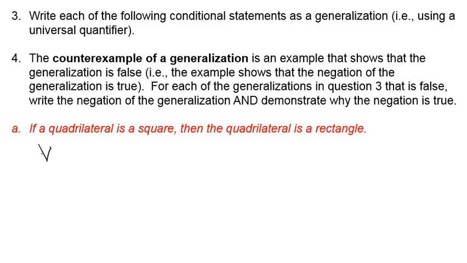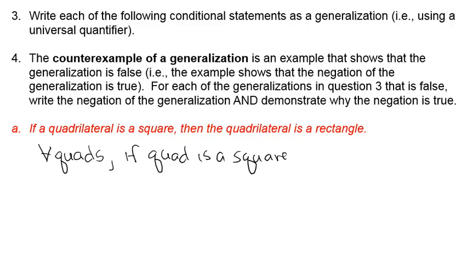So for all quadrilaterals, if the quadrilateral is a square, then the quadrilateral is a rectangle.